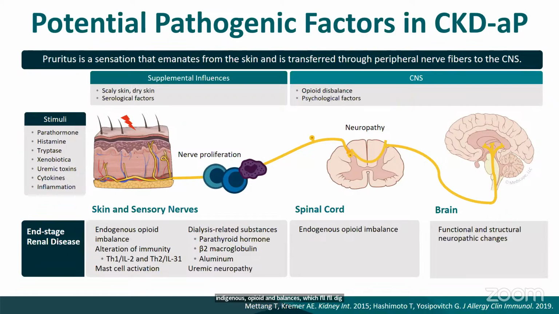But again, look at patients with end-stage renal disease in the bottom corner on the skin and sensory nerves. So it's that endogenous opioid imbalance, alterations in immunities, this mast cell activation, dialysis-related substances, again, such as parathyroid hormone, aluminum levels, B2 microglobulin, and of course, uremic neuropathy.